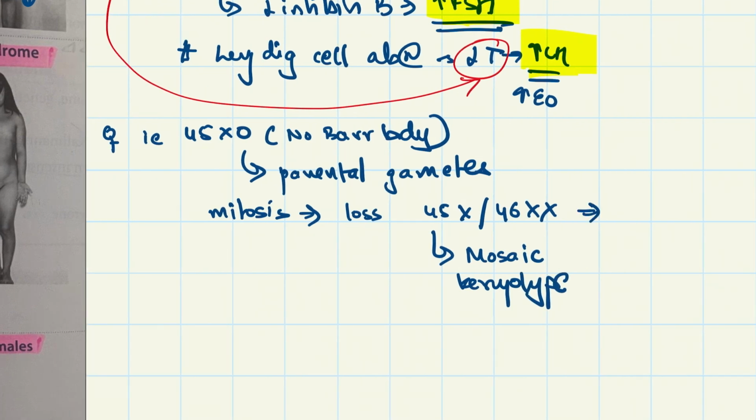Now, a mosaic karyotype is associated with increased risk of gonadoblastoma. So the management is an immediate gonadectomy.